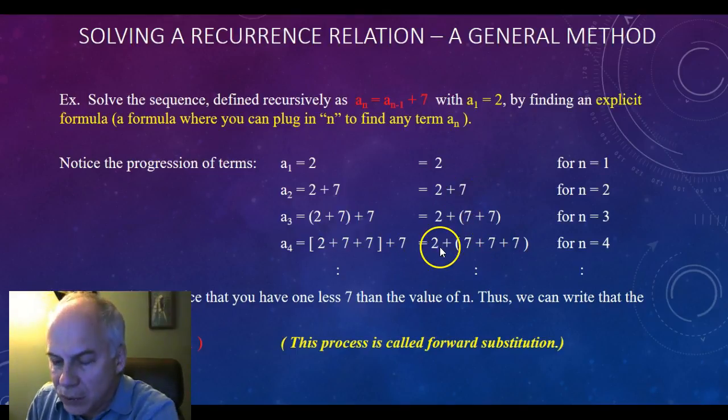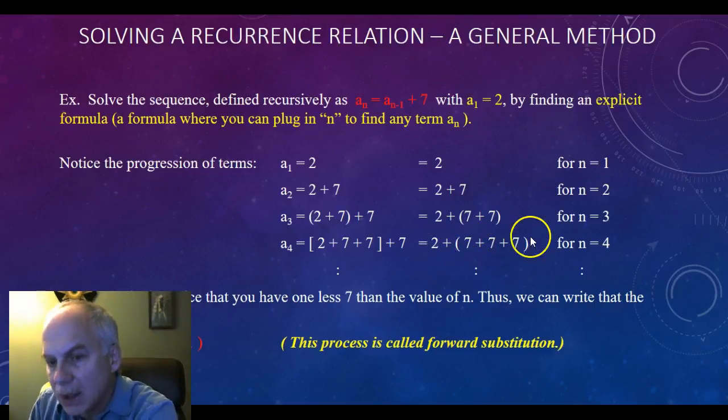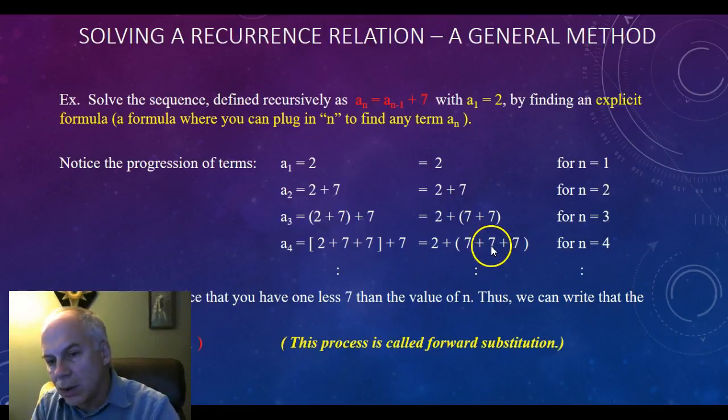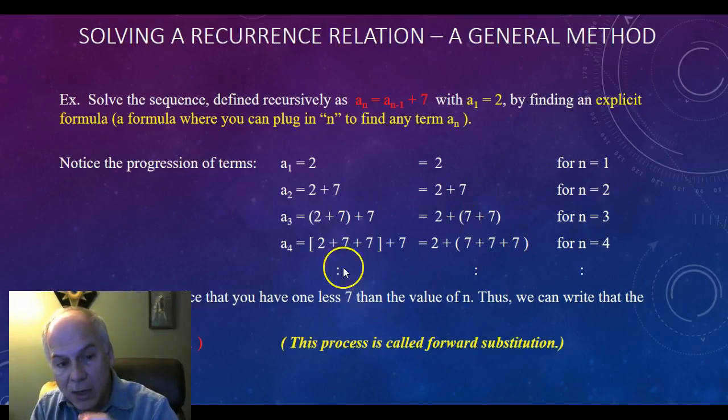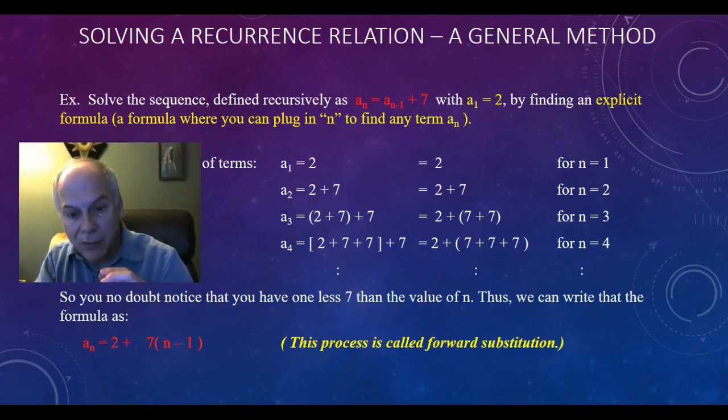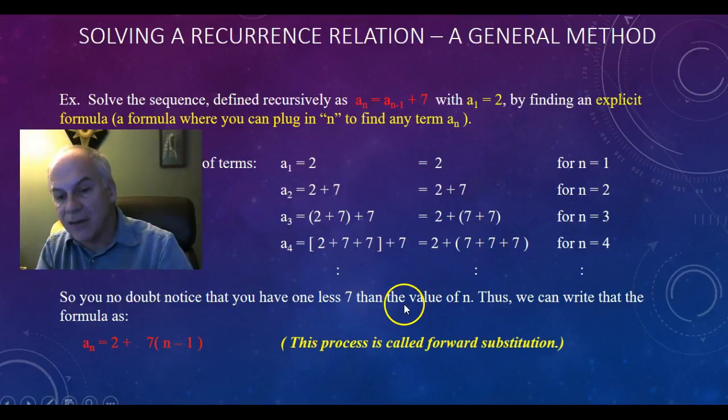So what we're finding here is that you keep adding another 7, and so when n is 4, how many 7s do you have? You don't have 4 7s, you have 3 7s. When n is 3, you have 2 7s. When n is 2, you have 1 7. So you always have one fewer 7 than the value of n.